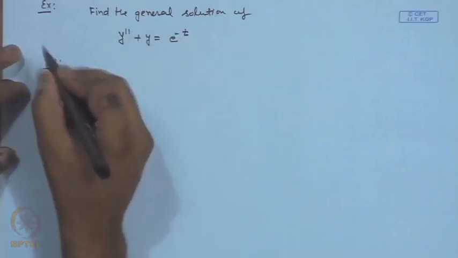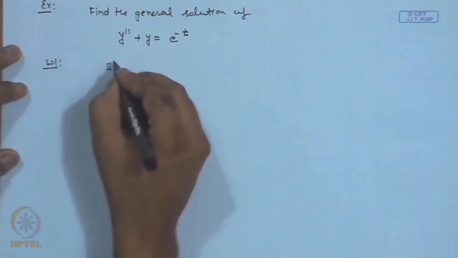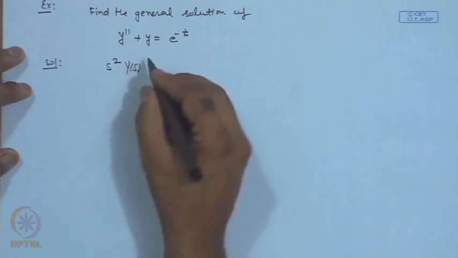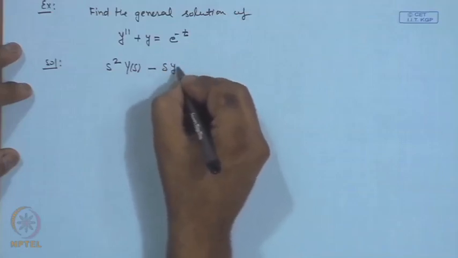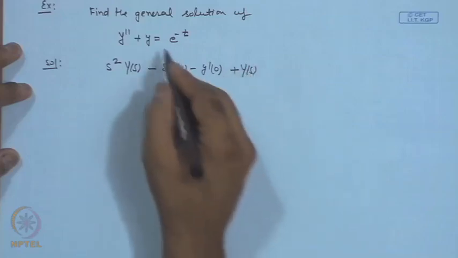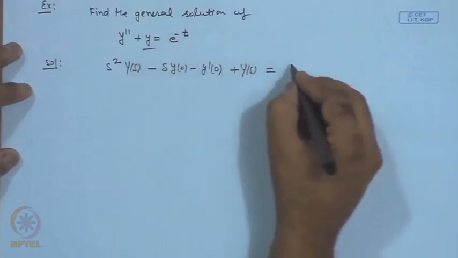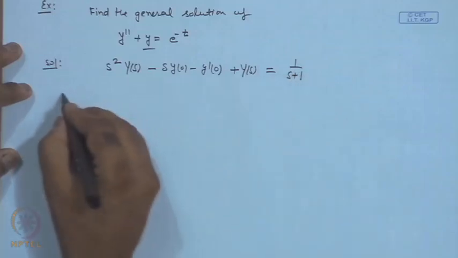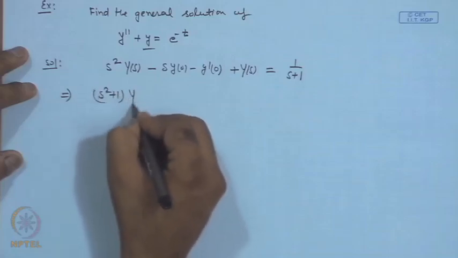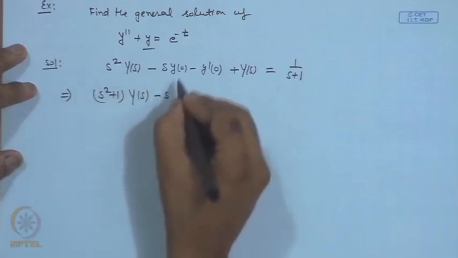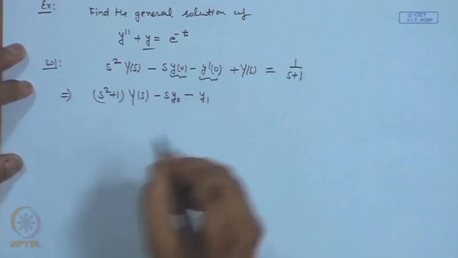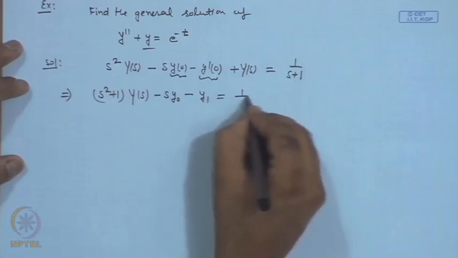So, the procedure is the same. We have to take the Laplace transform now. So, s squared Y(s) minus s y(0) minus y prime(0), plus Y(s), the Laplace of y, and Laplace of e power minus t is 1 over s plus 1. So, what we have now here is (s squared plus 1) Y(s) minus s y 0 minus y 1, these are the constants, equal to 1 over s plus 1.